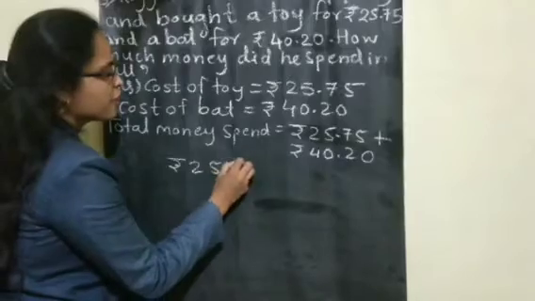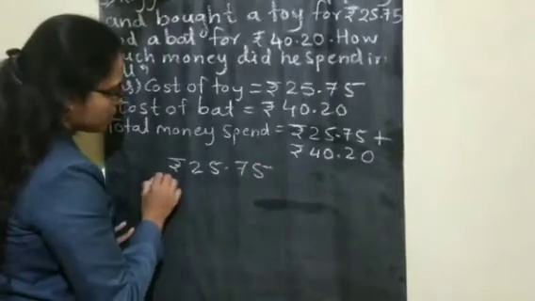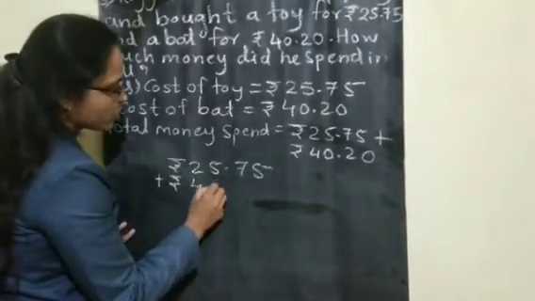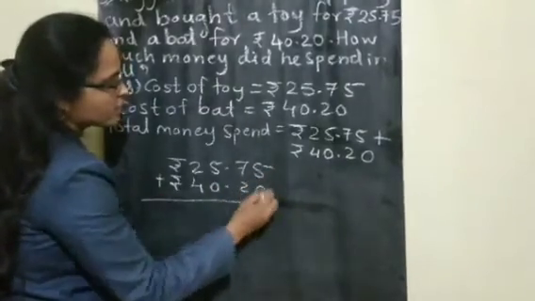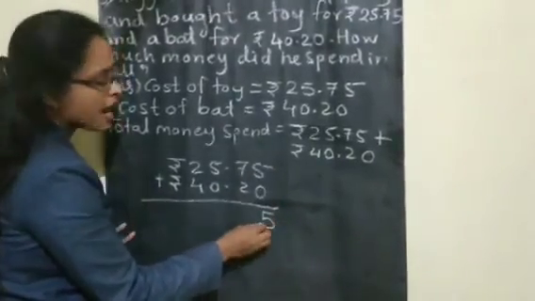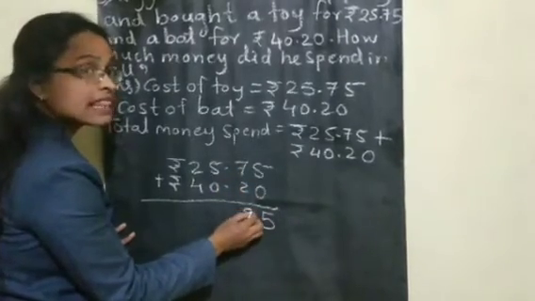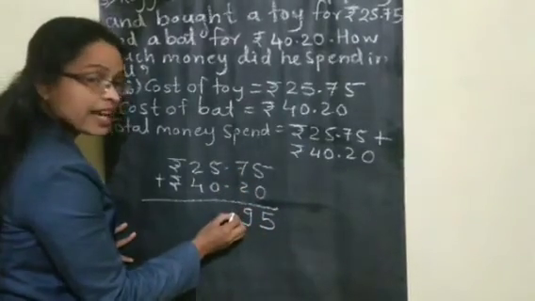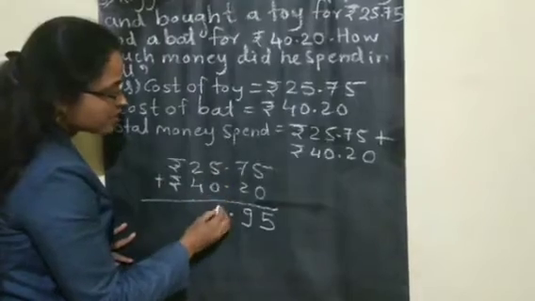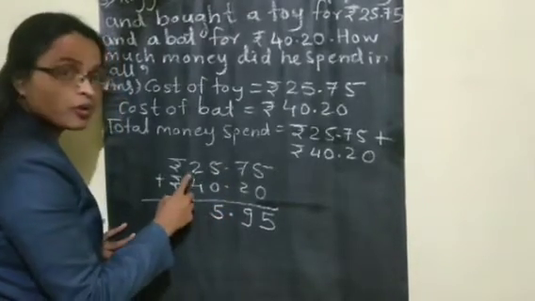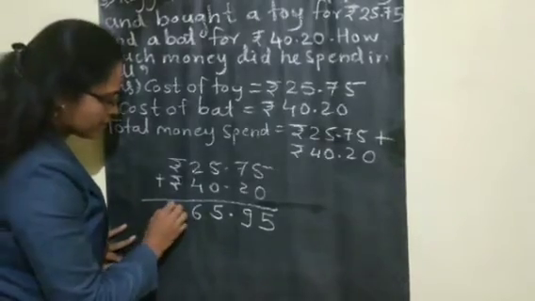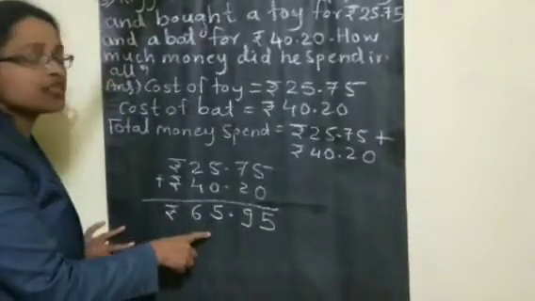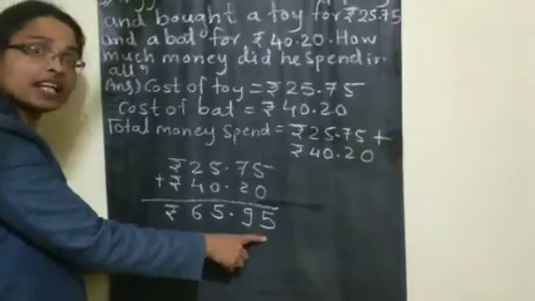Rupees 25.75 plus rupees 40.20. And now we can do the addition. 5 plus 0, children, 5. 7 plus 2, 9. Give the dot as it is. 5 plus 0, 5. 4 plus 2, 6. What is the symbol here? Rupees. So the total money spent is rupees 65.95.